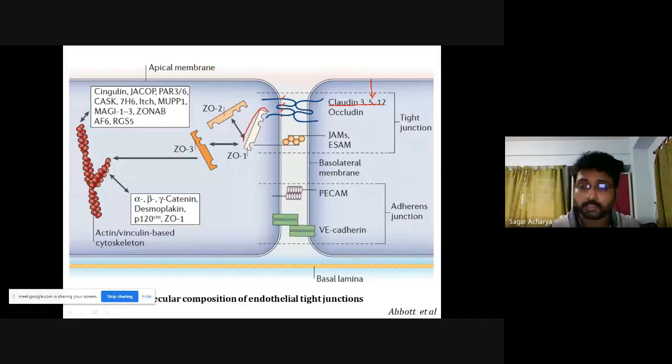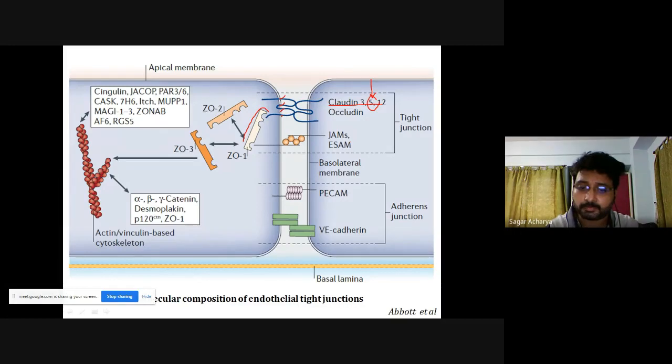Claudin 5 is the major one expressed within the CNS endothelial cells. This is the only claudin we found in these endothelial cells, not in other types of endothelial cells or perivascular endothelial cells. So there are 3 occludins.